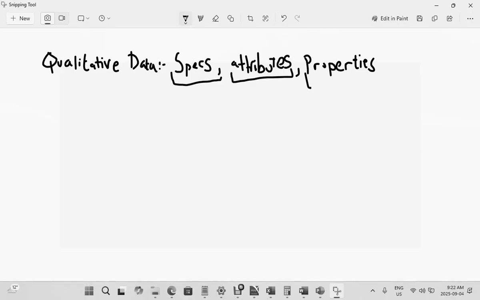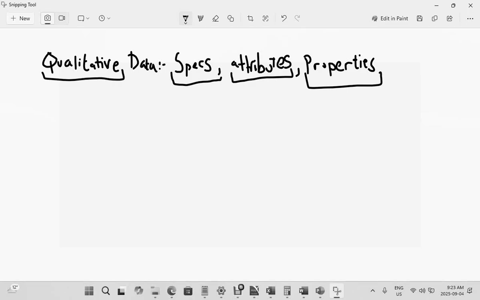Properties: let's say you have a chemical element on the periodic table, and you are trying to figure out the properties of that chemical element, so how it behaves in a chemistry class, for example, when you make it interact with other elements in testing. That has to do with properties. So all these three have to do with something called qualitative data.